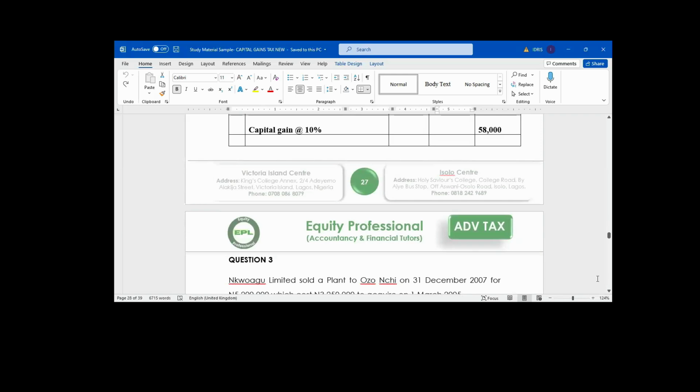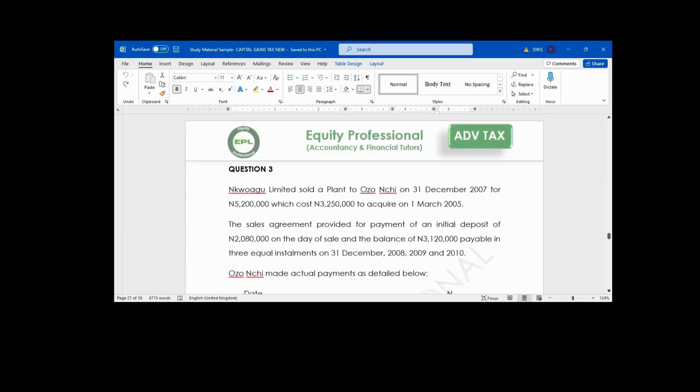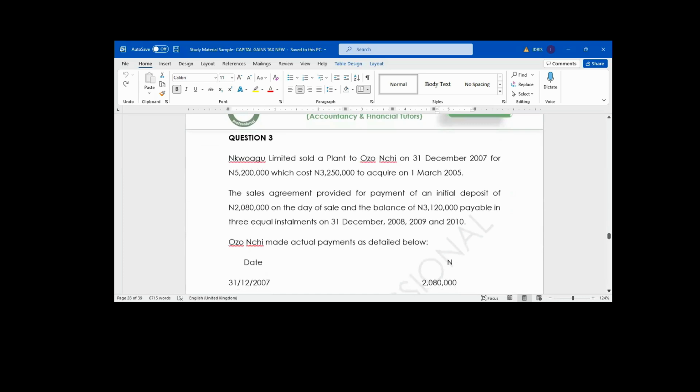Illustration 3, page 26. Somebody should help us read. Sorry, is it the one on the screen? Yes. Okay, I'll help read. Question 3.